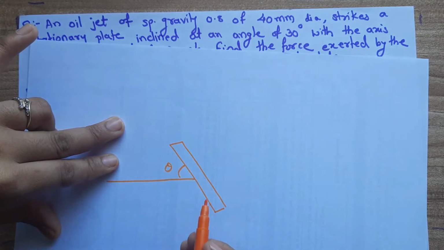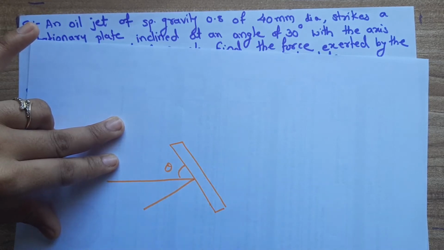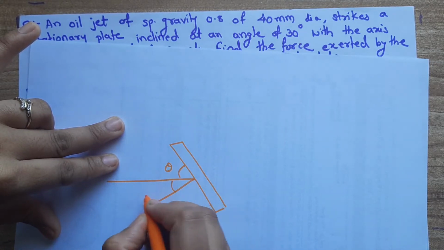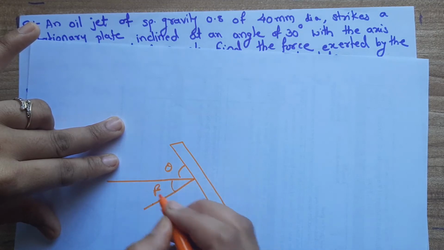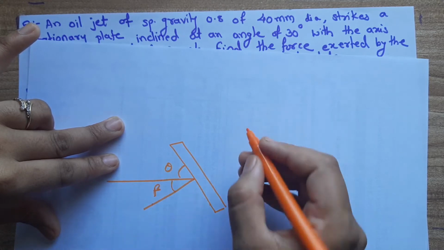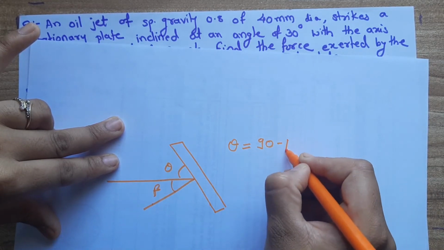Sometimes in a question it is given that the normal of the plate, that means if we draw a perpendicular line to the plate, makes an angle, let's say beta, with the axis of the jet. In that case this angle is given, not directly theta. So in that case you have to find theta equal to 90 minus beta.